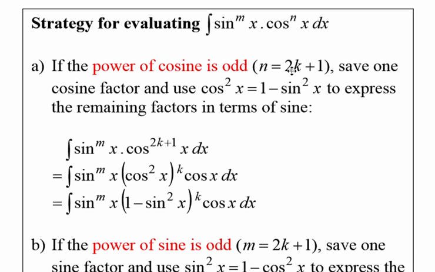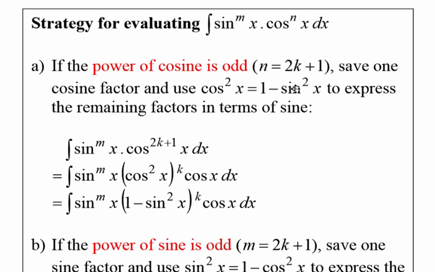Now, I've used a lot of notation here, but you can learn it more theoretically so that you can then apply it in an example. But if we have a look here, the power of cosine is odd, so I'm going to make that power 2k plus 1, because that's how we can write any odd number. 2 times something plus 1. Okay, so remember that. You're going to save one cosine factor.